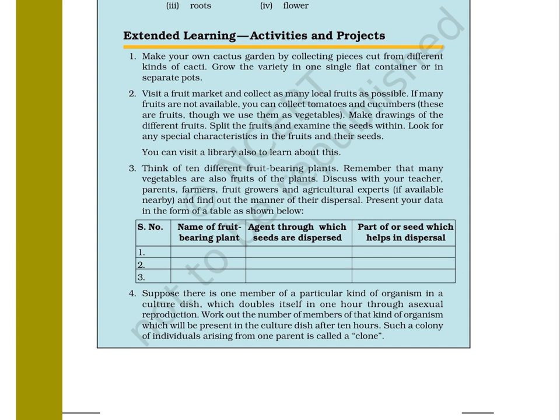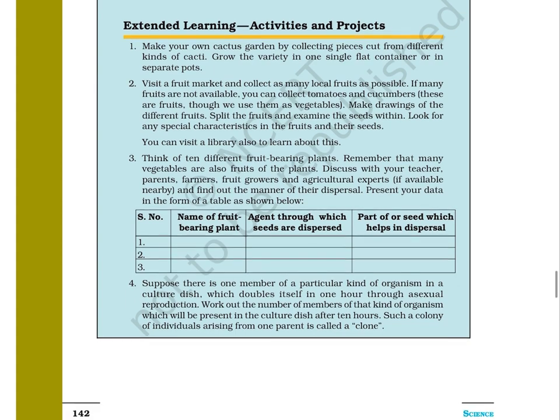Discuss with your teacher, parents, farmers, fruit growers, and agricultural experts, if available nearby, and find out the manner of their dispersal. Present your data in the form of a table. A sample table has been given here. In this table, there are 4 columns and 3 rows.